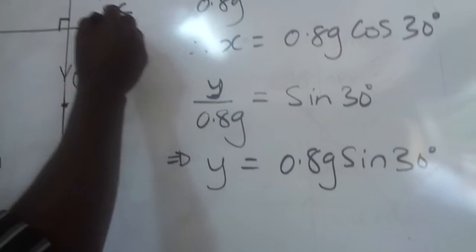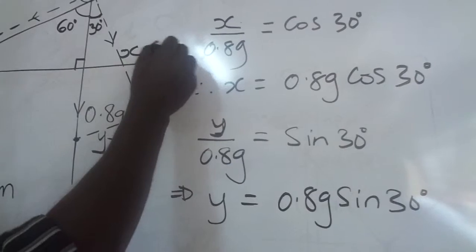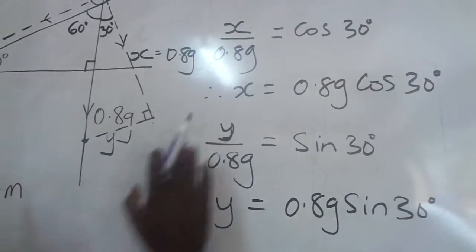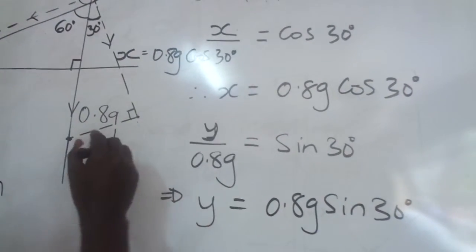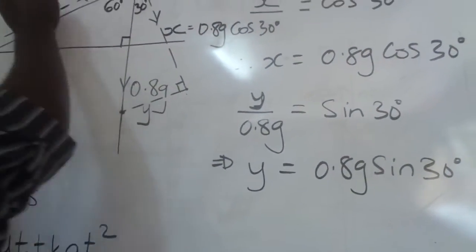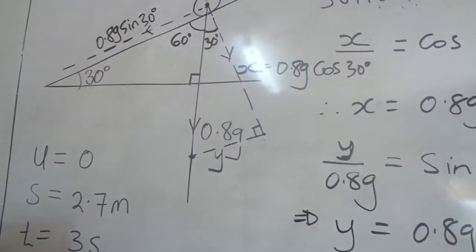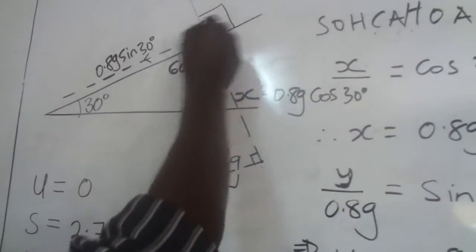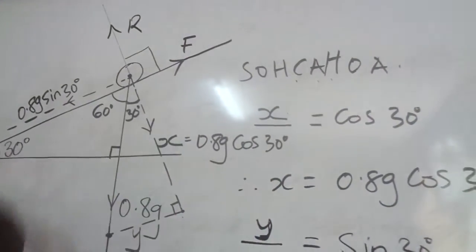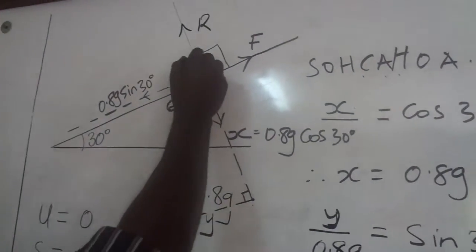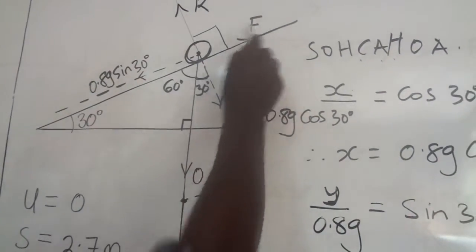So the component of the weight in this direction is 0.8g cos 30°, while this one is 0.8g sin 30°. Now, since the particle is moving down the plane, the frictional force should oppose the motion of the particle, and this is how I represent the frictional force.